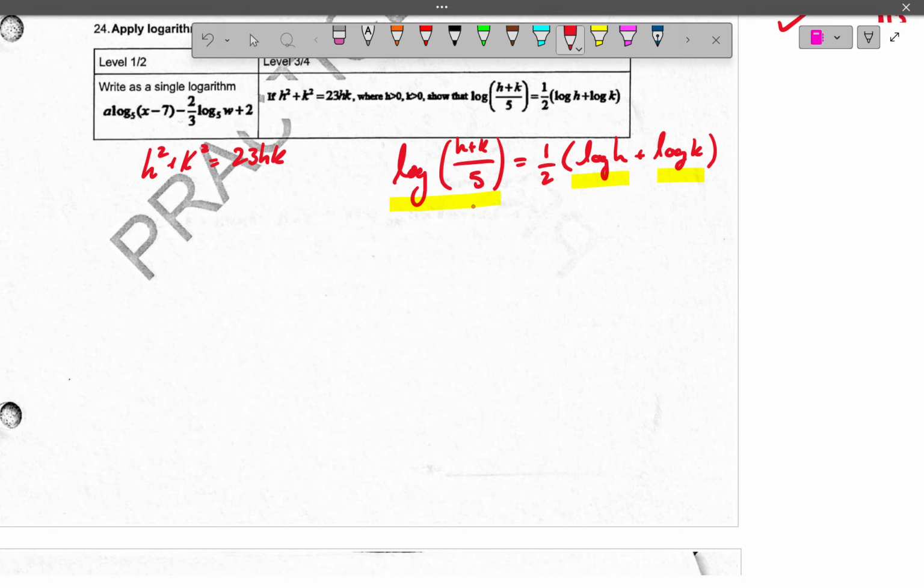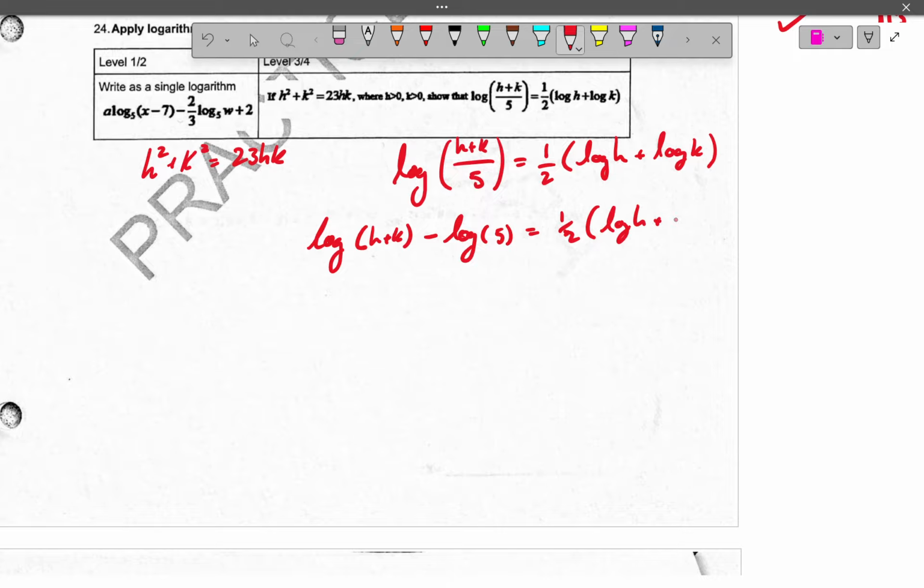So it's going to be useful to use one of those log rules to split this single log back into two logarithms. Because the h plus k and the 5 are being divided by one another, I can write this as the logarithm of h plus k minus the logarithm of 5. It's going to be equal to all that, which is still over here: log of h, and then log of k.